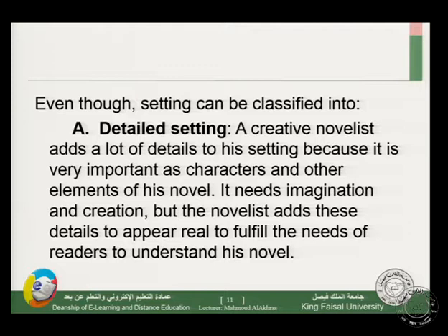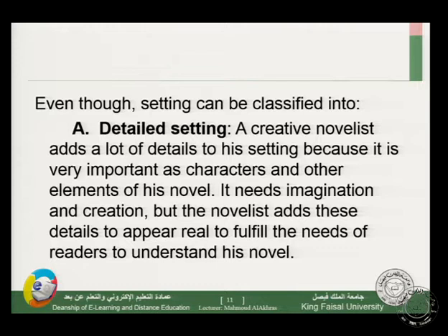The first one, detailed setting. A creative novelist adds a lot of details to his setting because it is very important as characters and other elements of the novel. So a creative novelist pays a lot of attention to this element.